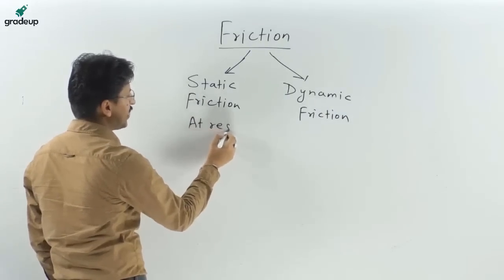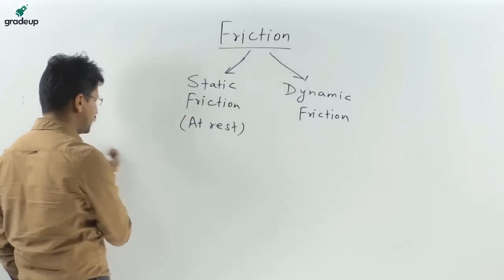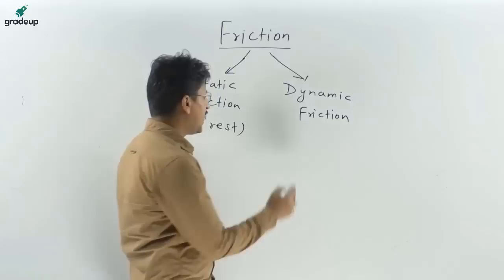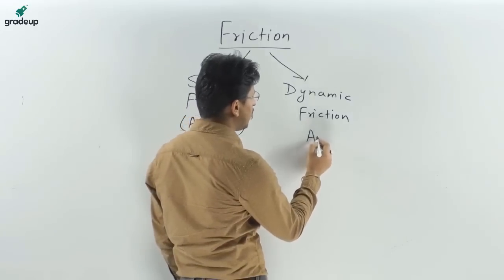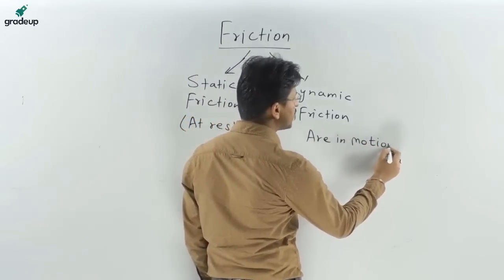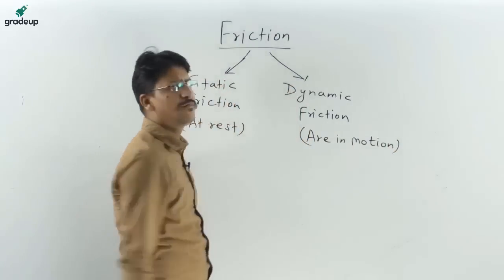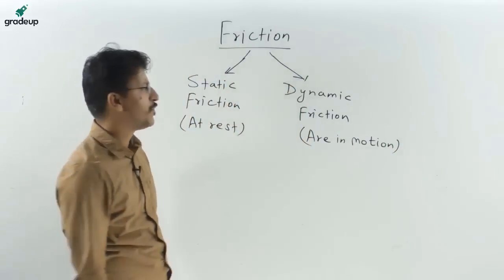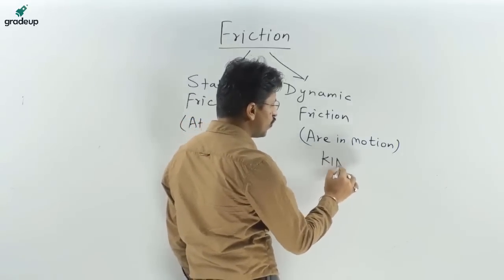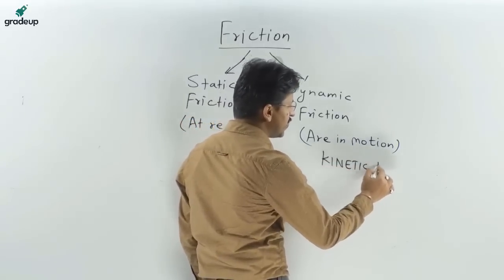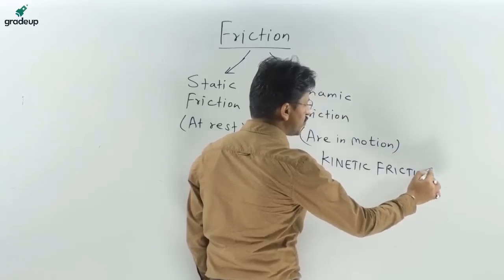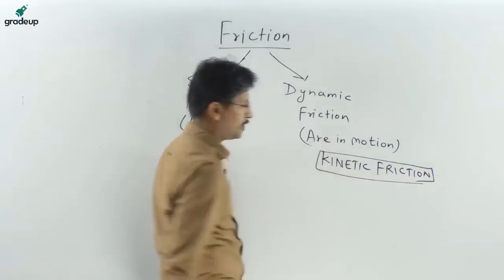Whereas when the bodies are in motion, the friction force experienced by the body is known as dynamic friction, and it is also known by another name, kinetic friction.